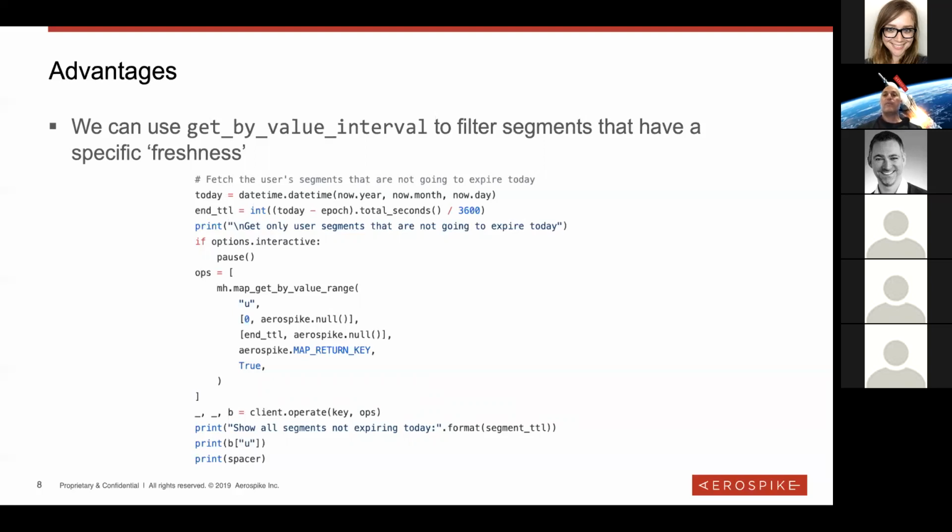So if I want to, for example, find all the TTLs that are in a specific time range, because I want to find the freshest things, the newest things that have been updated, the ones nearest to expiration or the farthest away from expiration, meaning they've been updated most recently.